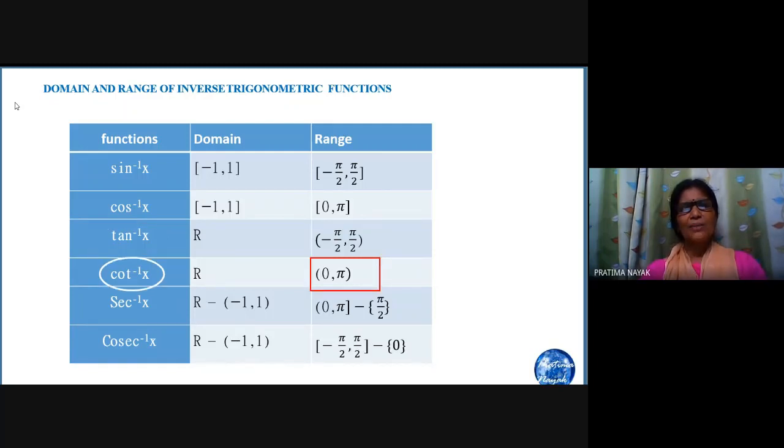Cot inverse x, similarly, is defined from 0 to pi. For sec inverse x, the range is 0 to pi, pi is included, 0 is not included, excluding π/2. At π/2, sec inverse x is not defined. In the same way, cosec inverse x is not defined at 0, because at that point sine becomes 0.